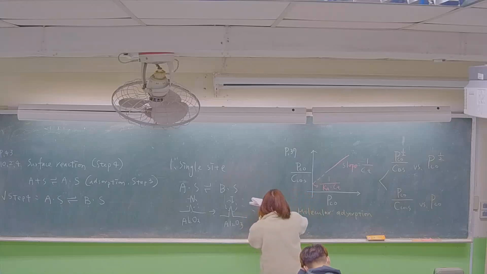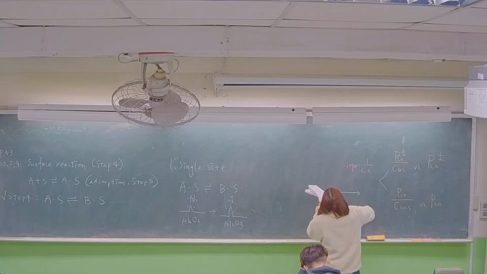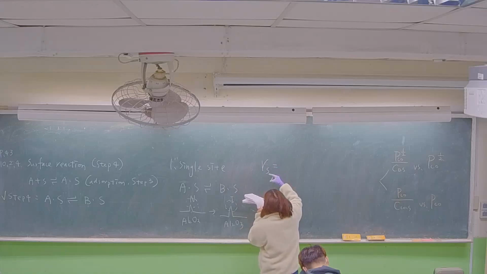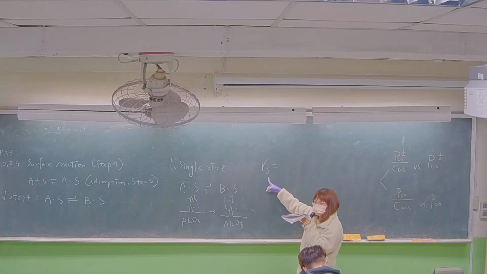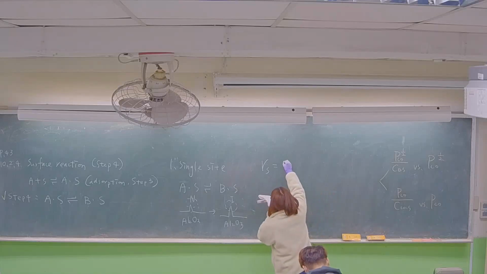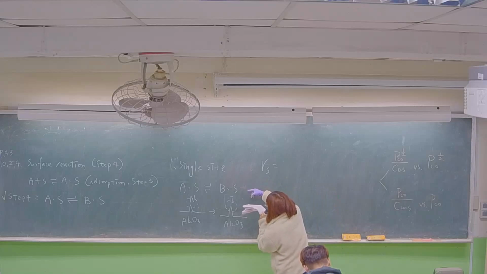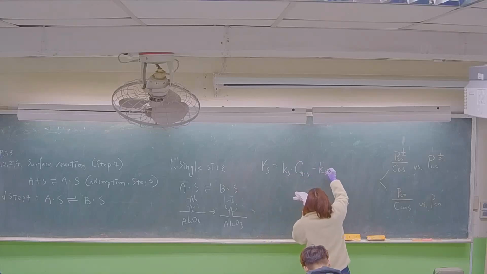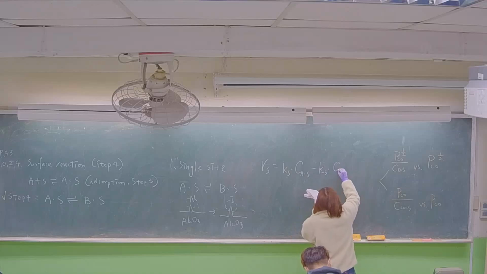So for this one, let's write down the reaction equation. There is a space, 左下角，好。Surface reaction, so the symbol is S. Rate of surface reaction, RS, equals, you just see this one. The forward reaction, KS CAS. Reverse reaction, K minus S and CBS.